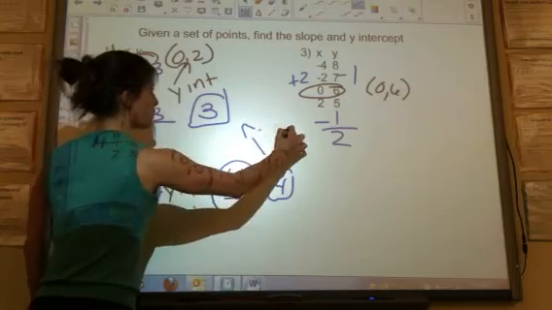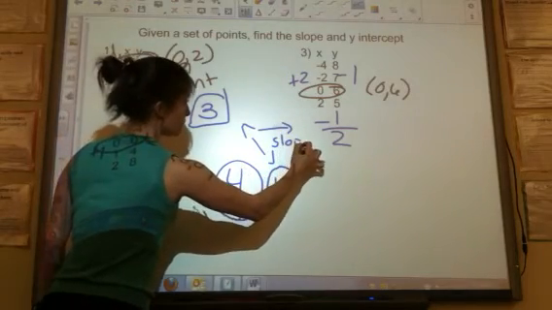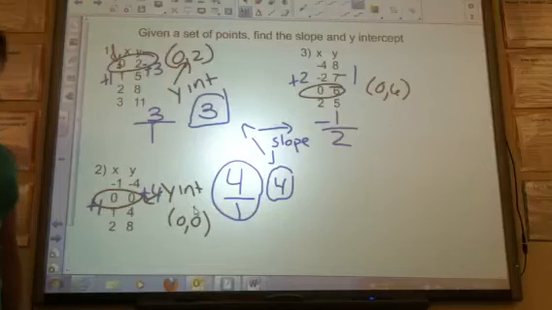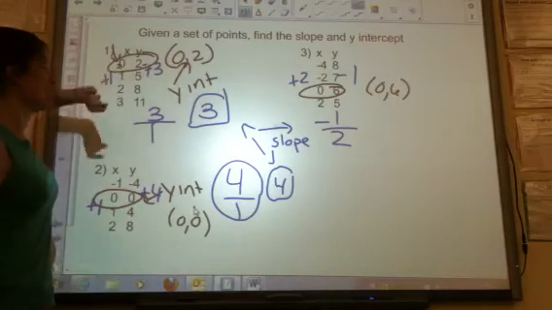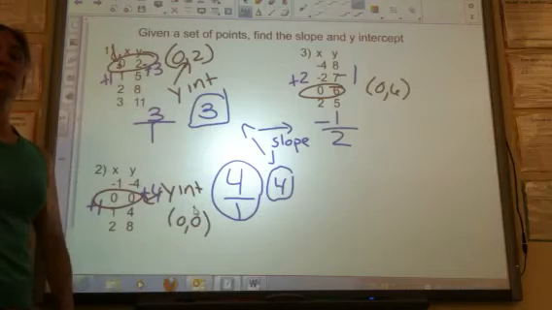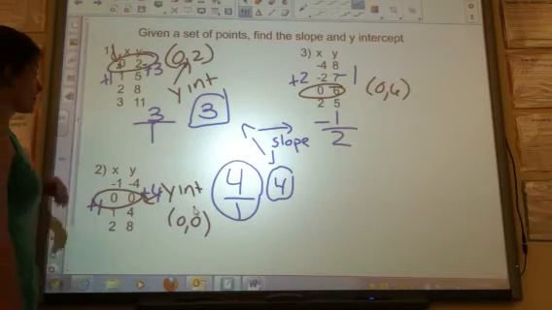So all of these blue things are a review of slope for you. And the reason we're reviewing slope is because the two most important things in creating slope-intercept form or drawing a line are slope and y-intercept.